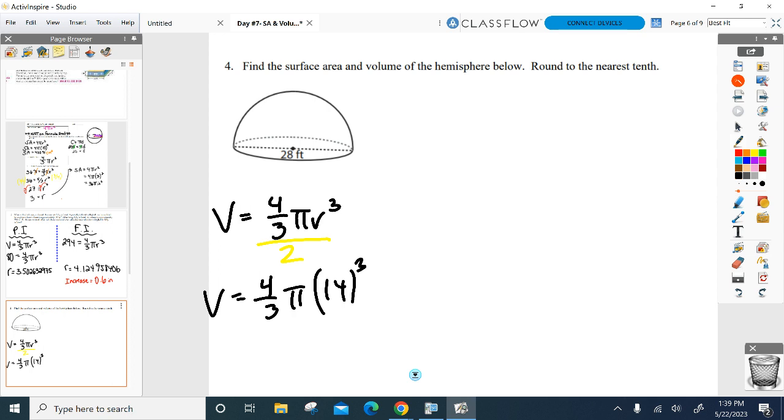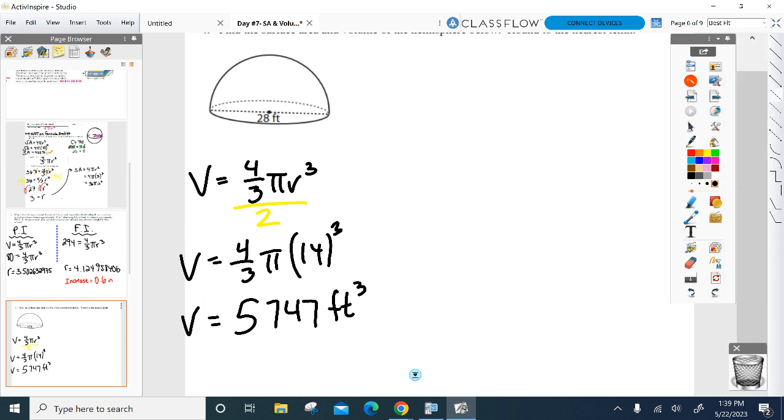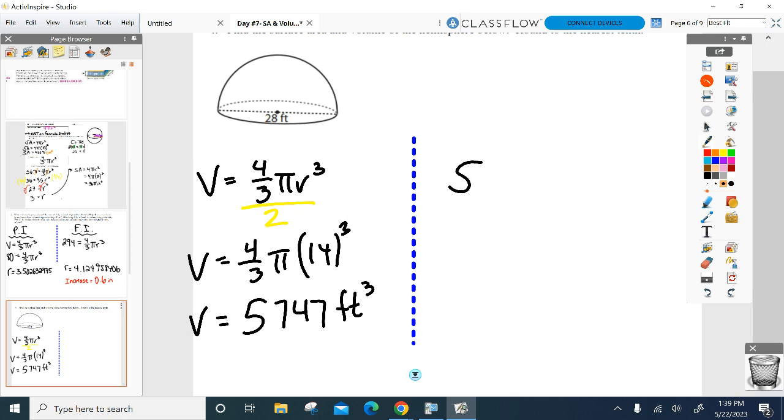Go ahead and round it to the nearest 10th again when you're ready. 5,747 cubic feet. It's a big hemisphere. Unfortunately, that's not what I'm doing for the surface area.